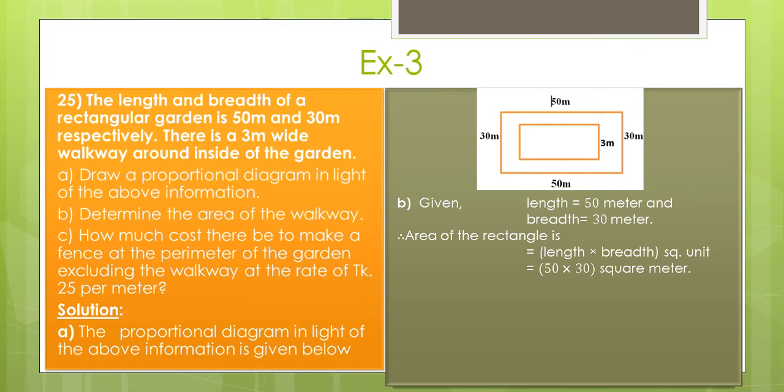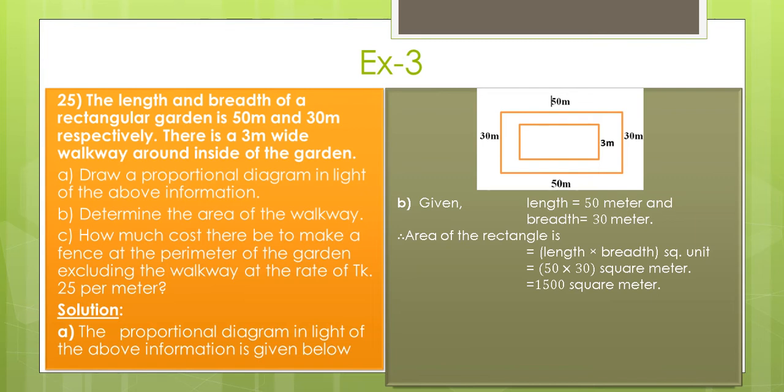So from the figure we can see the length is 50 meter and breadth is 30 meter. If we multiply these two, we get the area of the rectangular garden, that is 1500 square meter.